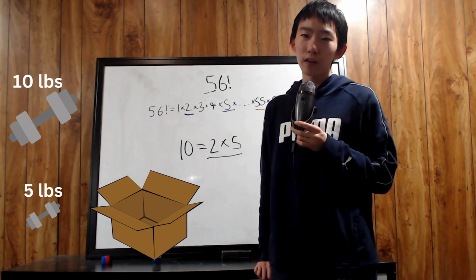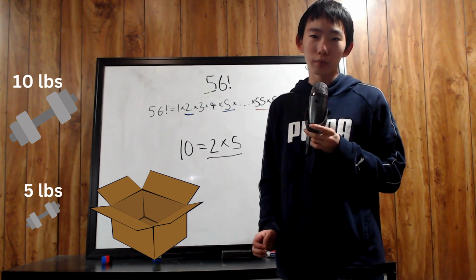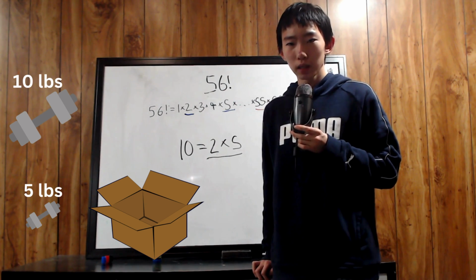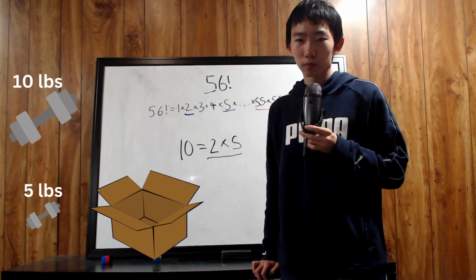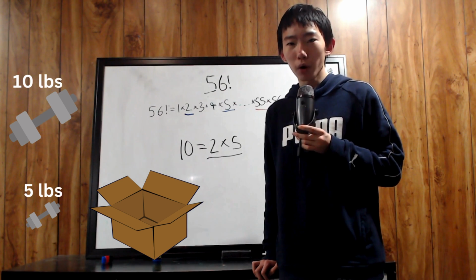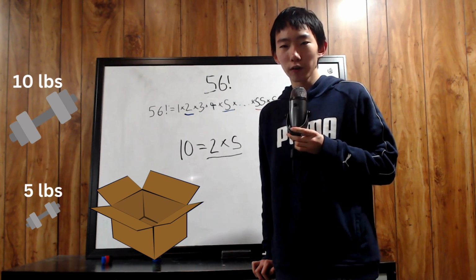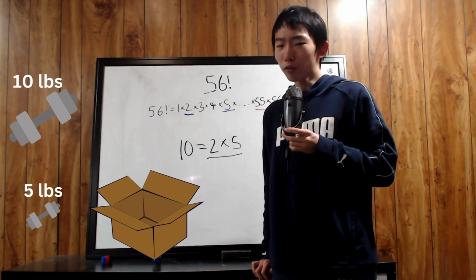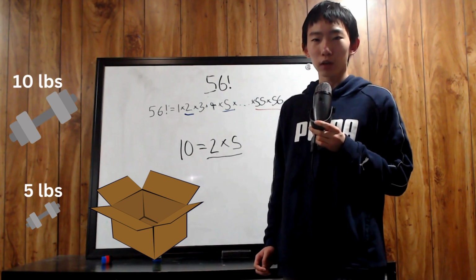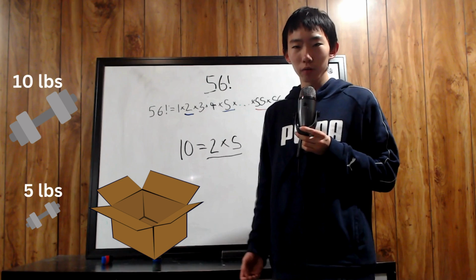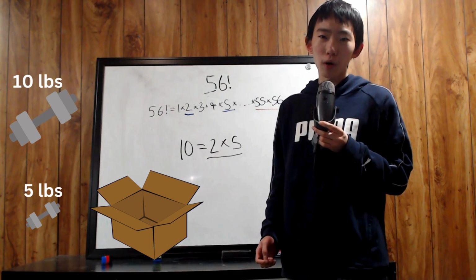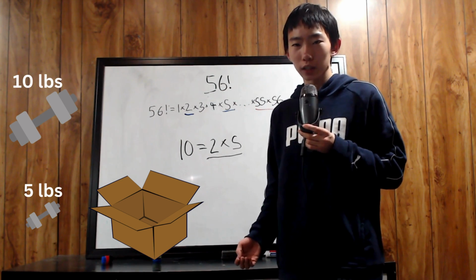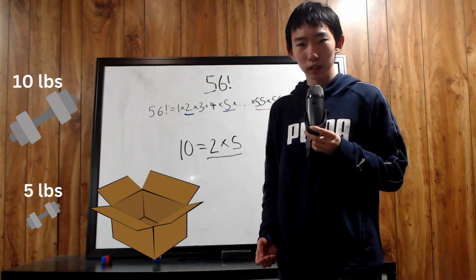Let's say that the 5-pound weights are smaller in volume than the 10-pound weights. Then, let me ask you, can I fit more 10-pound weights than I can fit 5-pound weights? Of course not, because the 10-pound weights have a greater volume. You can always fit more 5-pound weights into that box than 10-pound weights.